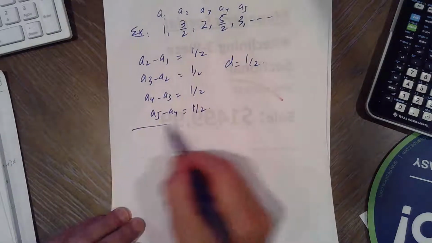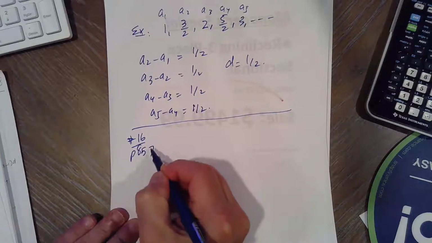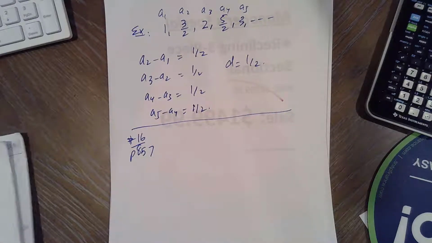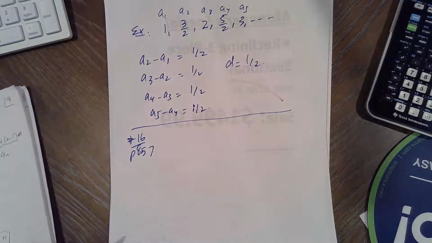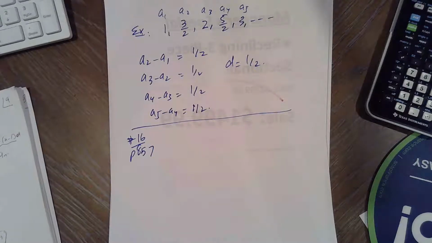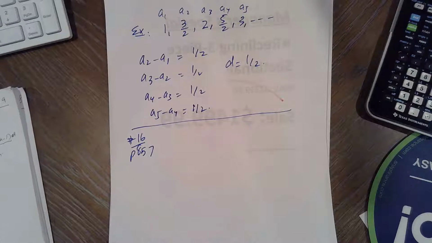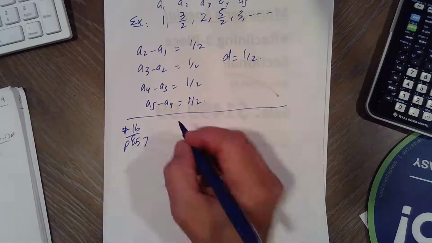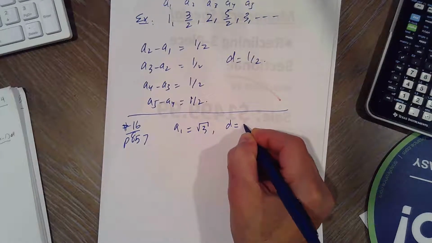Okay, let's look at number 16, page 857. It says, find the nth term of an arithmetic sequence with given first term and common difference, and the 10th term. A1 is root 3 and the common difference is root 3.